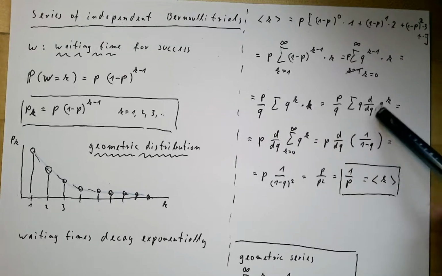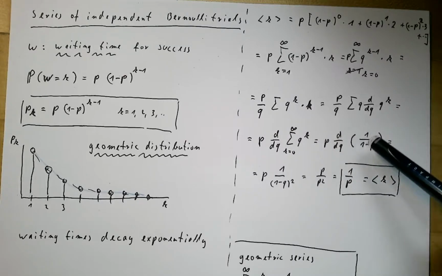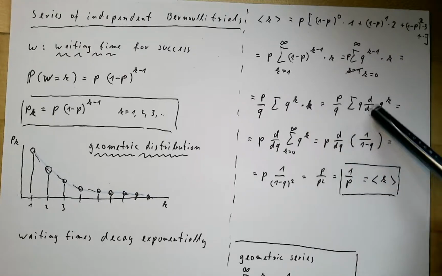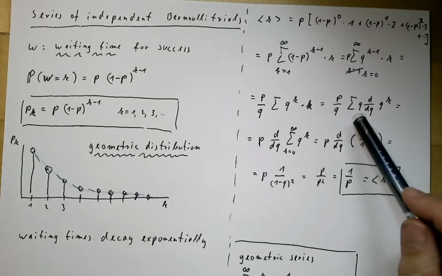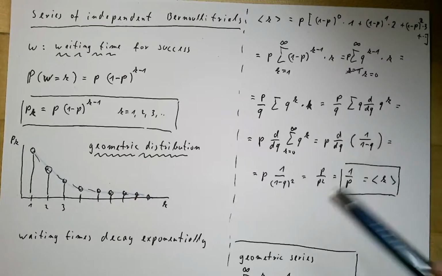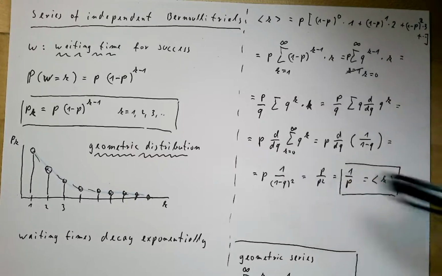And then we try to work with derivatives in order to get some coefficients. In particular, this operator q times d over dq is a prominent thing. And then you just work it through and you can calculate the expectation value.